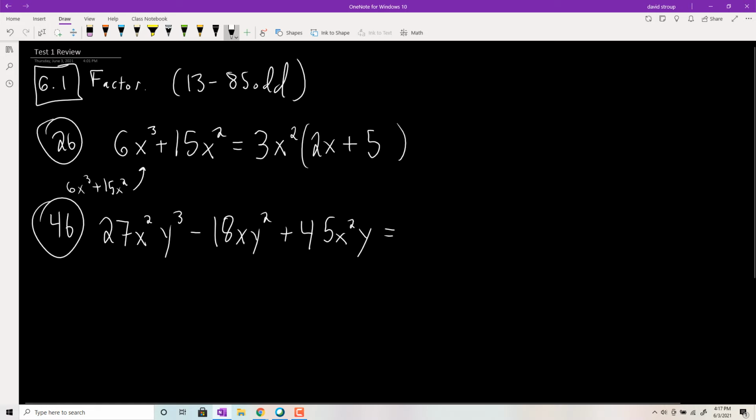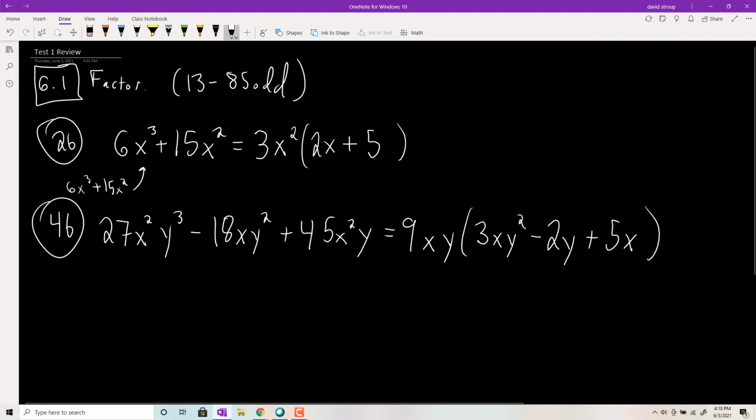Anyways, what divides 27, 18, and 45? Well, I think 9. And then the variable with the smallest exponent, x to the first, will divide all three. And y to the first is common to all three. So the leftover bits: 3xy squared minus 2y plus 5x, and that's it.